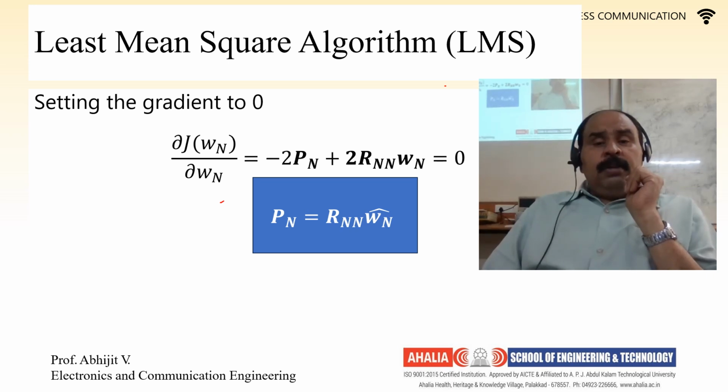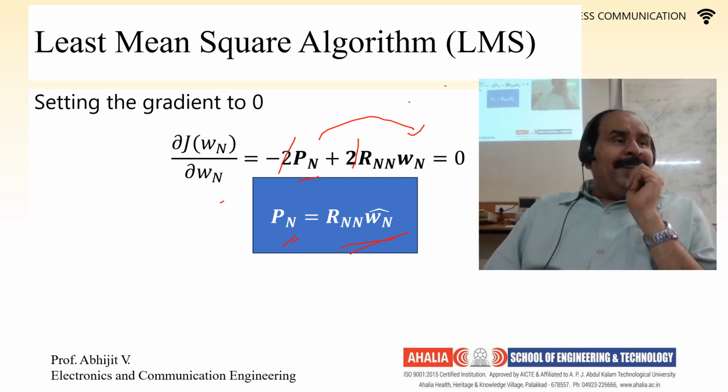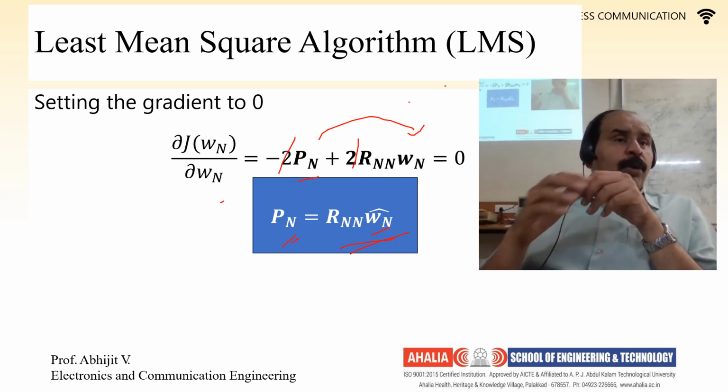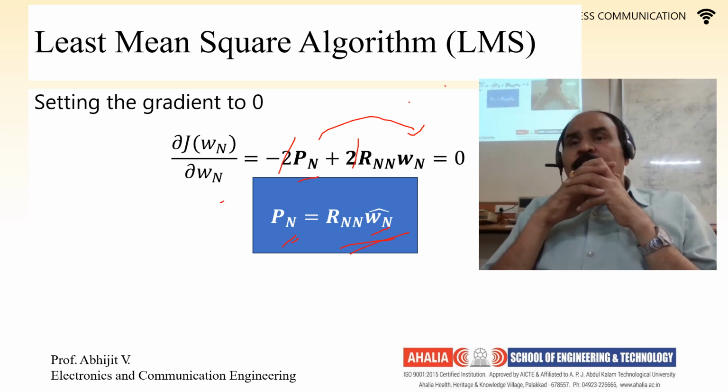When we do it, the 2 and 2 cancel, and p_n will be equal to R_nn times w_n, where w_n is the equalizer coefficients.